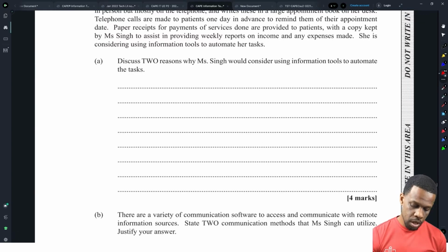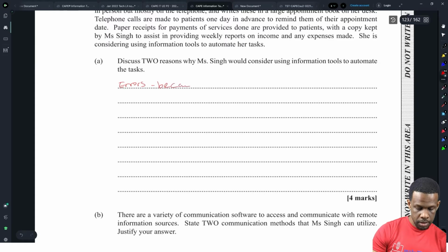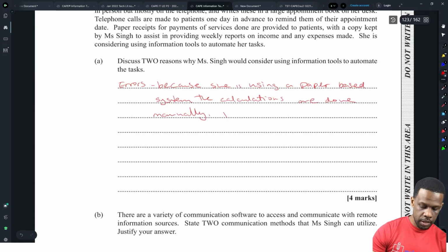Alright, reason number 1 is errors, because she is using a paper-based system. The calculations are done manually. This would lead to errors in reporting from time to time. And then we could go efficiency.